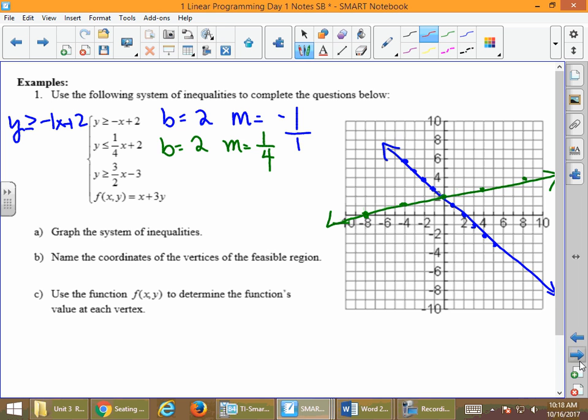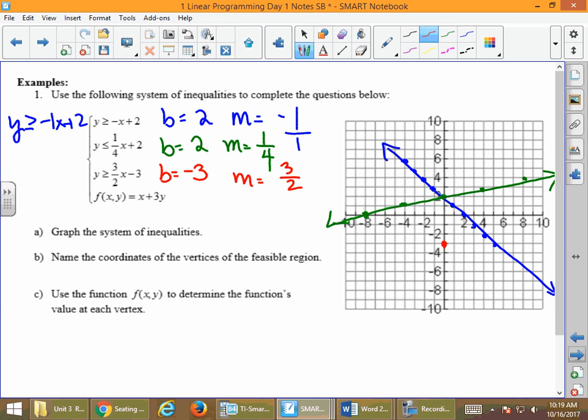Thirdly, y is greater than or equal to 3/2 x minus 3. Our y-intercept is -3 this time. Our slope is 3/2. B equals -3.